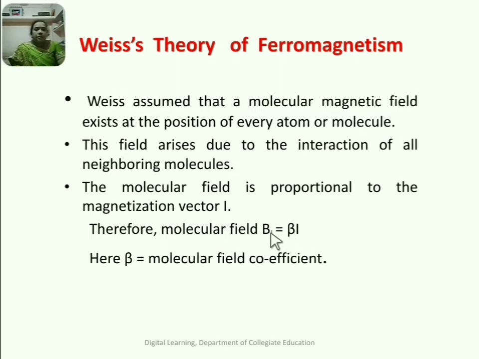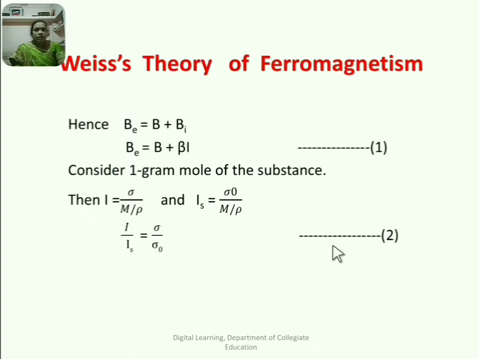Now, here Bi is directly proportional to I, and this expression is written like this: Bi equal to beta I. Here beta is the proportionality constant, and this proportionality constant is also called the molecular field coefficient.